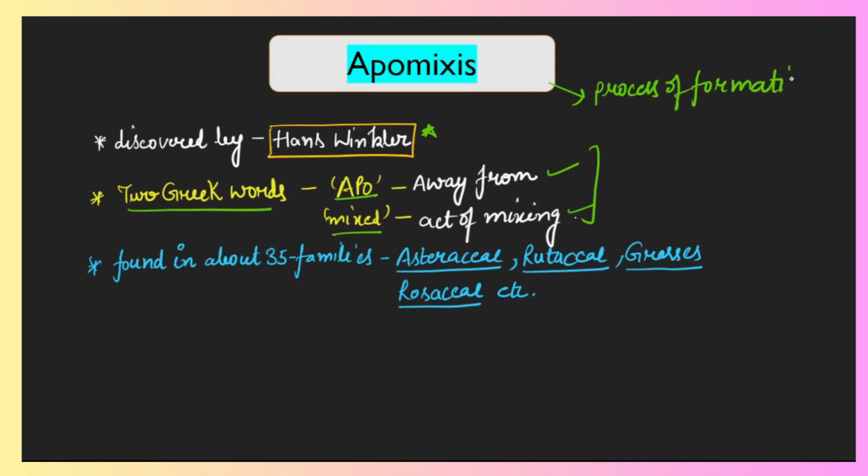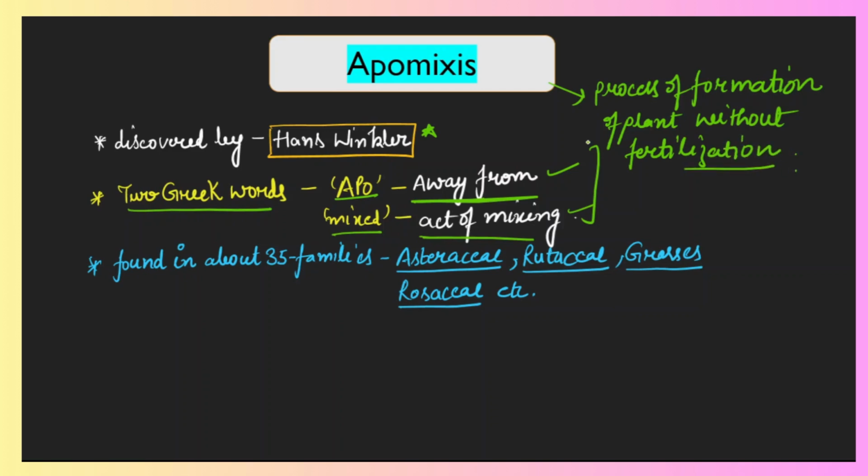It is a process of formation of a plant without, what is the meaning of apo? That is away from, and mixis means act of mixing. So without the mixing of characters, that is, without fertilization, that process is called apomixis.